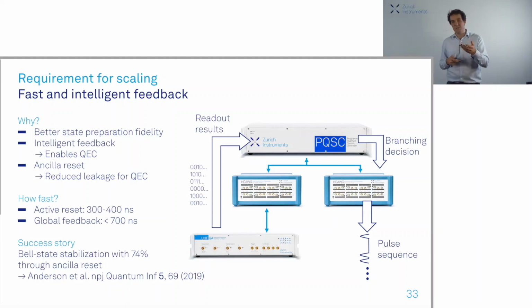And especially this new SHFQA will also help a lot in that respect. Just to mention, there are of course success stories for feedback already achieved with our instruments. For example, Andreas Wallraff could stabilize a Bell state with 74% last year using this ancillary reset.